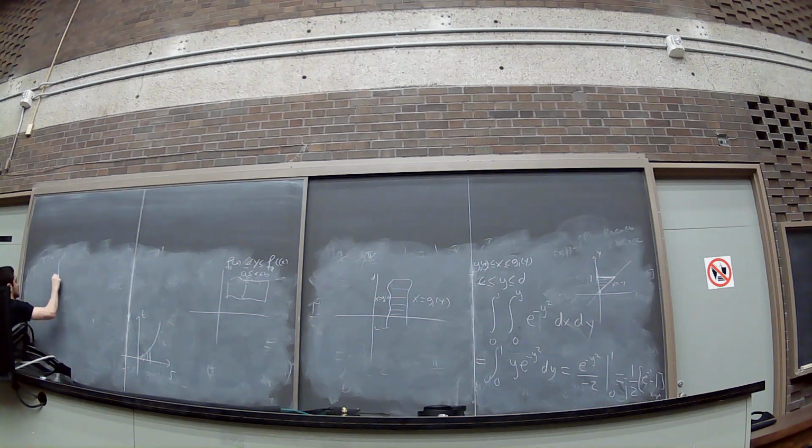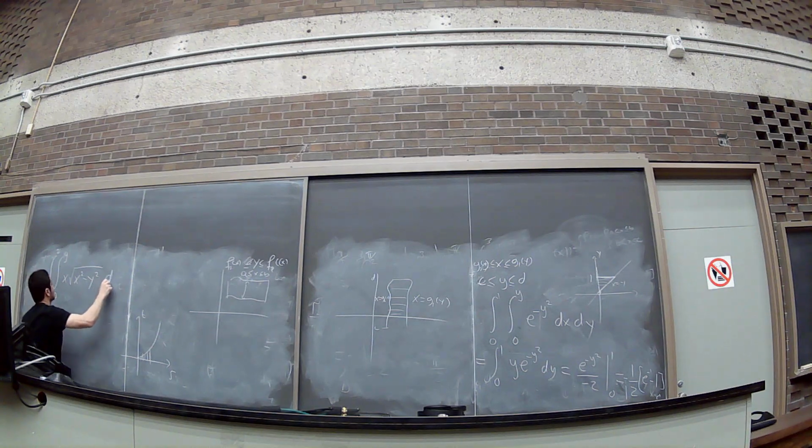So the integral: x is from 0 to y, and y is from 0 to 2. And then what do I have? I have x times the square root of x squared minus y squared dx dy.